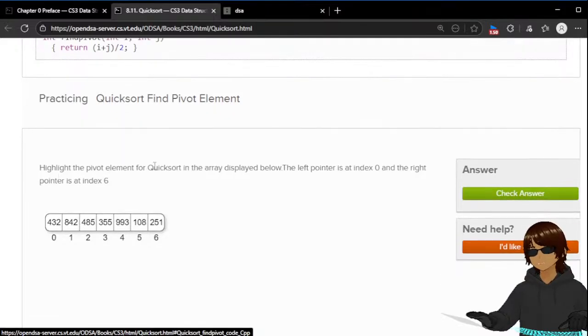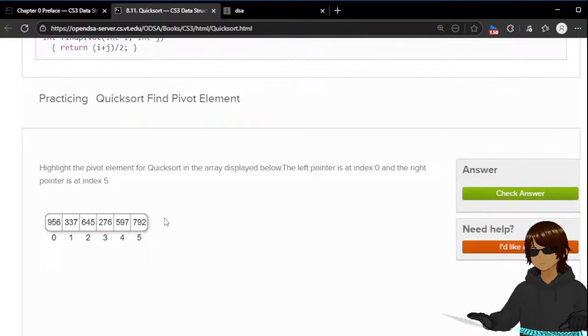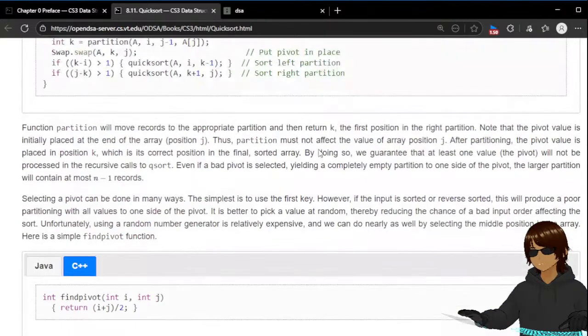Highlight the pivot element for quicksort in the array displayed below. 6 divided by 2 is 3. Or what if it's an odd number? 5 divided by 2 is 2.5, but I'm guessing it's integer division. Yep.